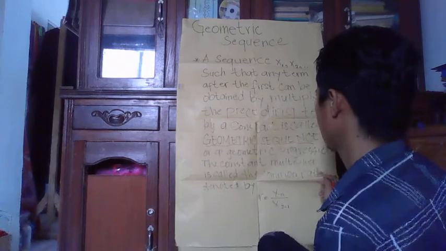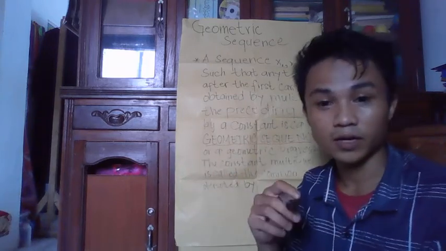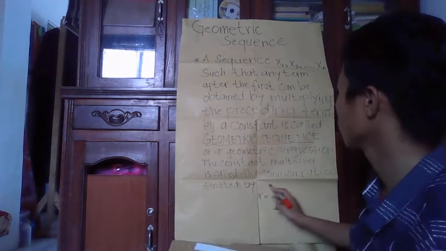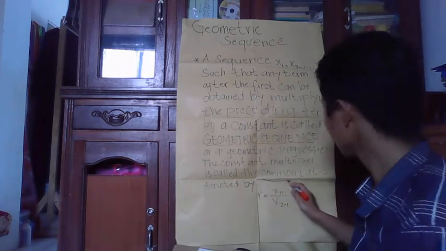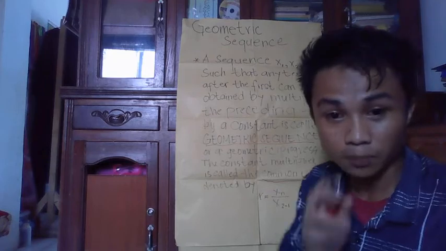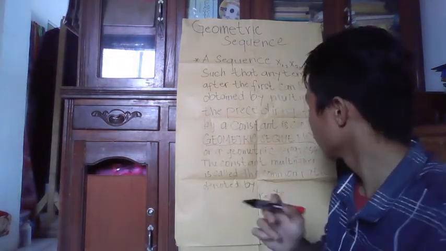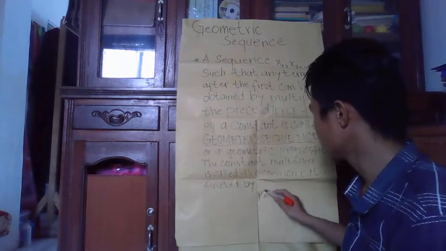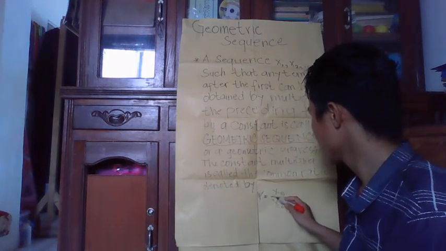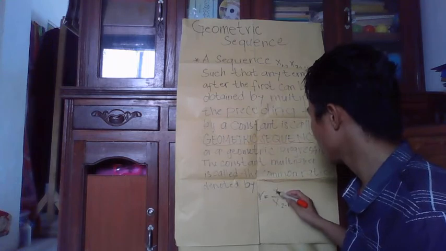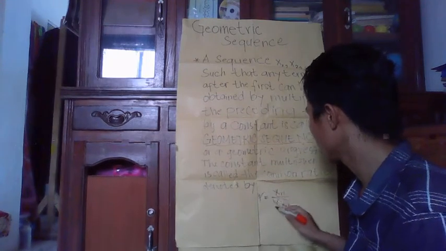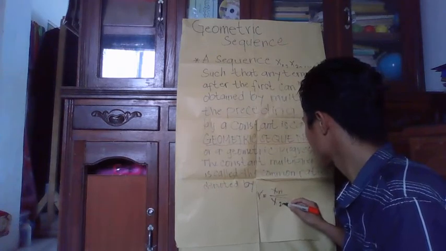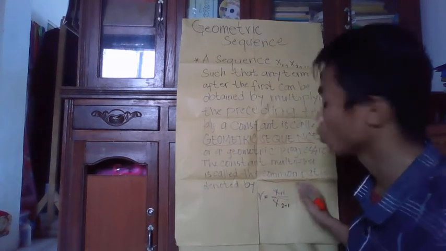Yung tinatawag naman natin, the constant multiplier is so-called the common ratio. So, ito yung common ratio. The formula ng ating common ratio is denoted by r is equals to x sub n over x sub n minus 1.